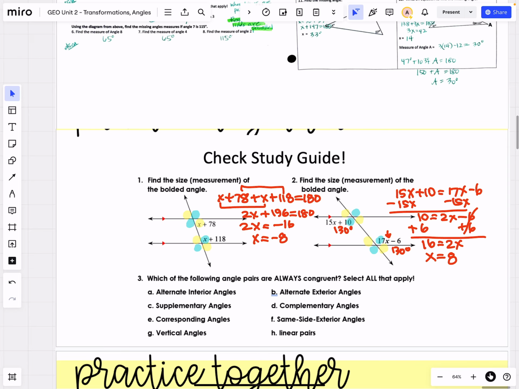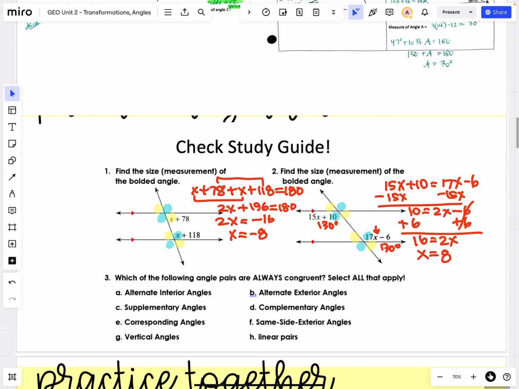All right, for number 3. Which of the following pairs are always congruent? Okay, so I think I changed yours to say, when parallel lines are cut by a transversal, then which angle pairs are always congruent?